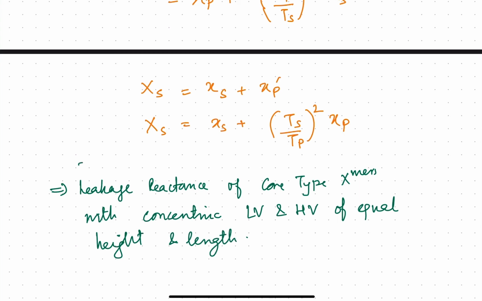You can see this derivation from the book, and just the derivation, you don't need to do anything else. Just see the derivation and see how the expression is evaluated.